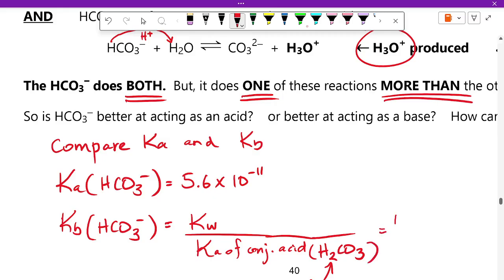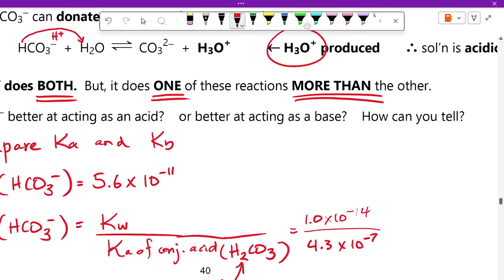So that's going to be 1 times 10 to the negative 14 divided by 4.3 times 10 to the negative 7. And what do we get? Sorry, Ansel, what did we get again? 2.3 times 10 to the negative 8.